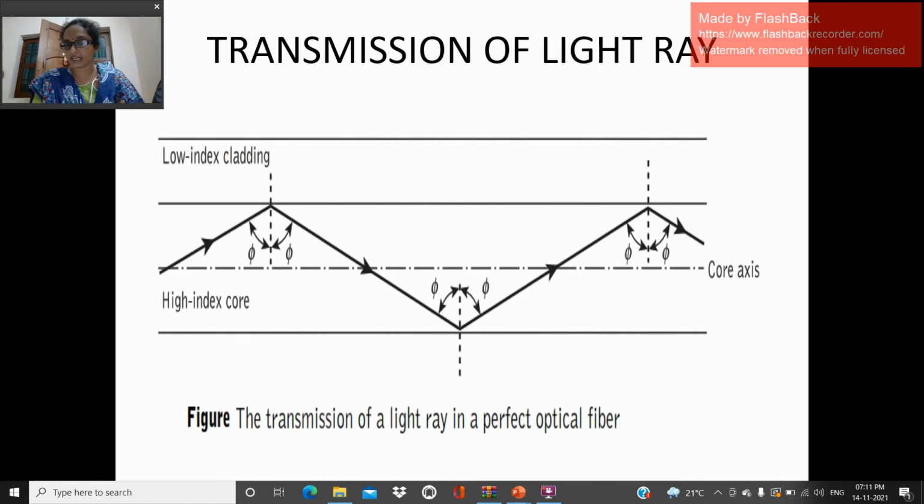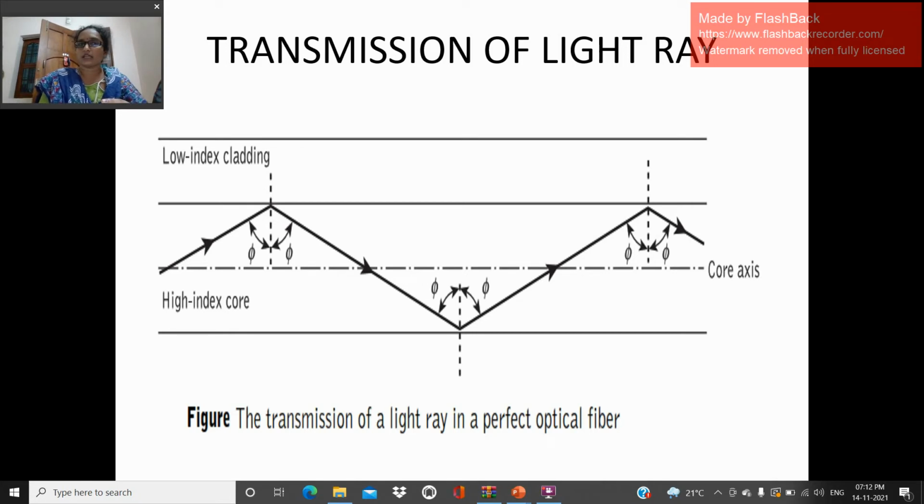Here it is very clear how the light ray is transmitted in a perfect optical fiber. Let's see, the middle line is termed as the core axis. We have already seen the structure of optical fiber.